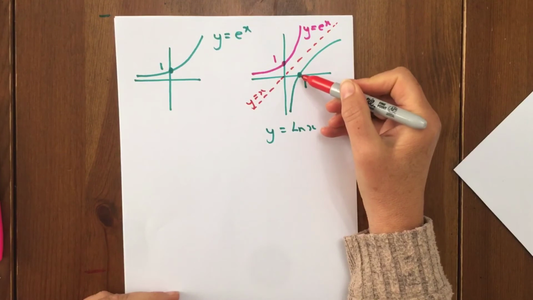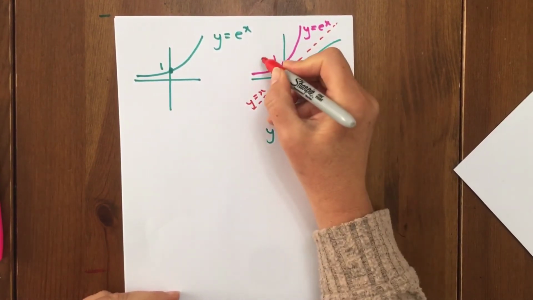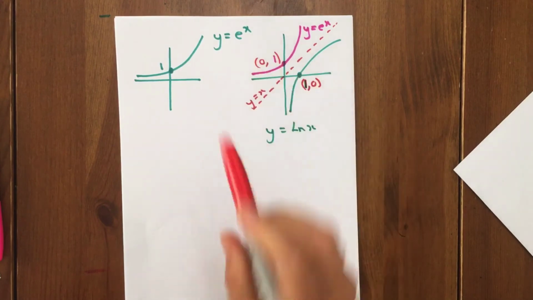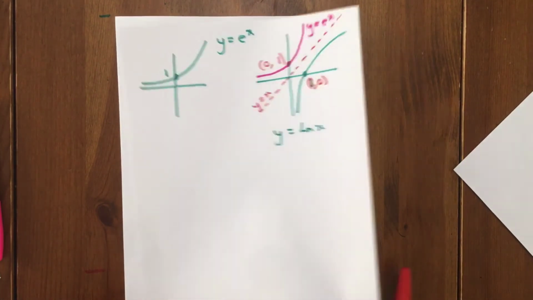So you can see this point here was 1, 0, and this point here is 0, 1. The x and y coordinates I've just swapped. And we're going to look at this in much more detail next lesson. But I just wanted to show you that there.